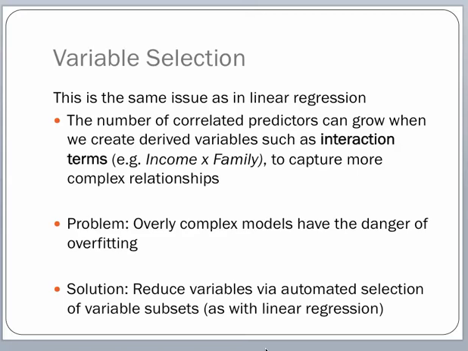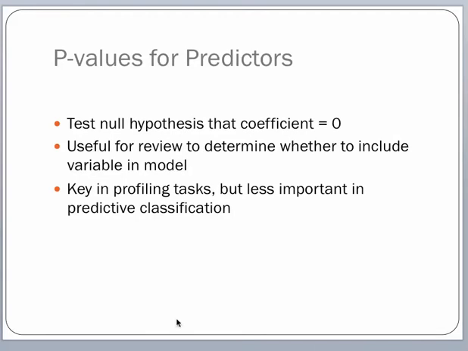And we can use automated selection methods like stepwise regression, forward selection, or exhaustive selection to reduce these variables and to reduce the danger of overfitting when we have overly complex models. So the same idea for p-values applies. We can examine the statistical significance of individual coefficients as well, which is useful in explanatory modeling.